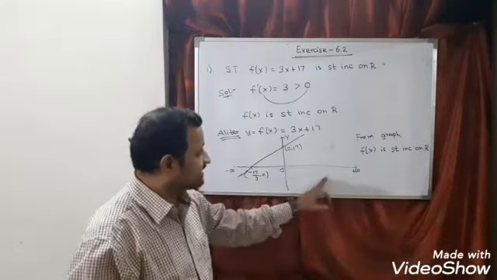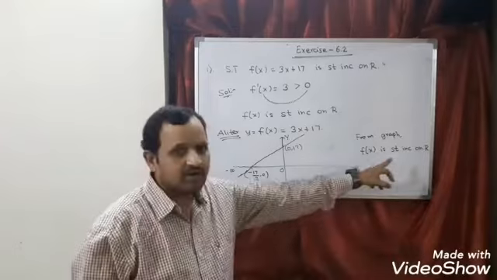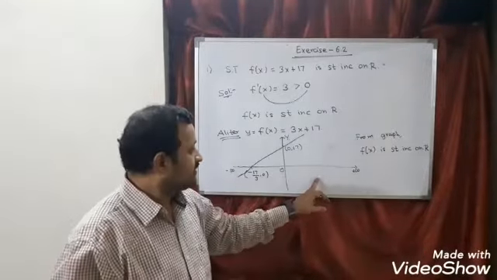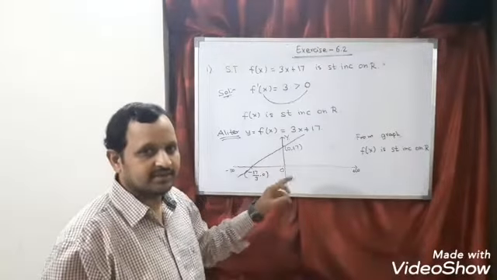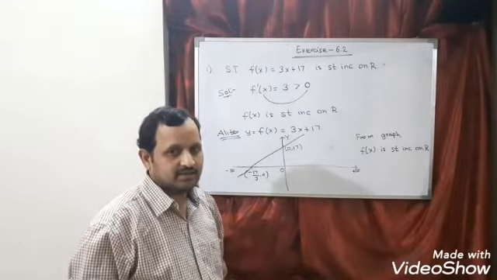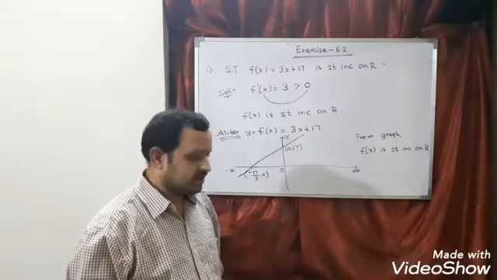So this function is an increasing function on R. That means for all real numbers, the function keeps on increasing. So this way also we can find the increasing function condition.